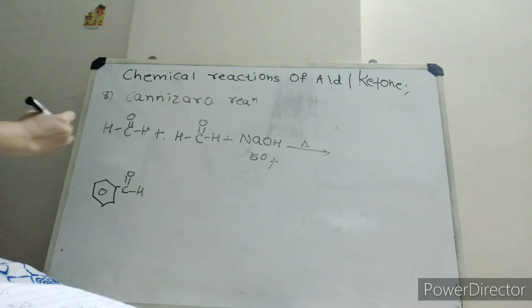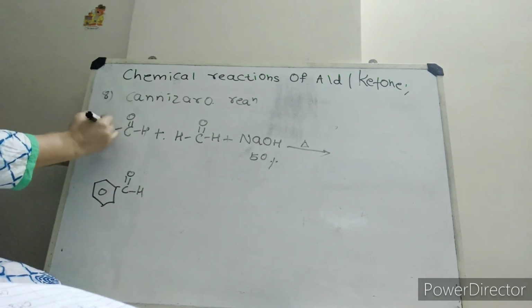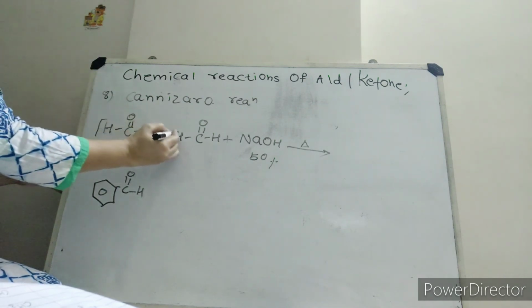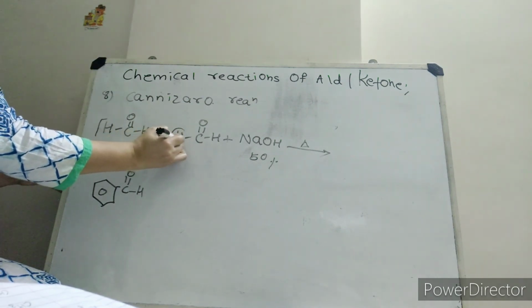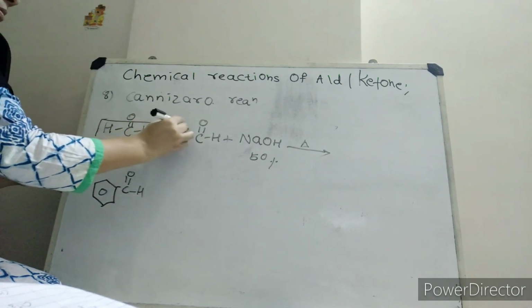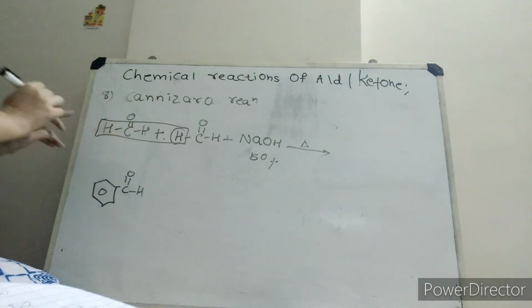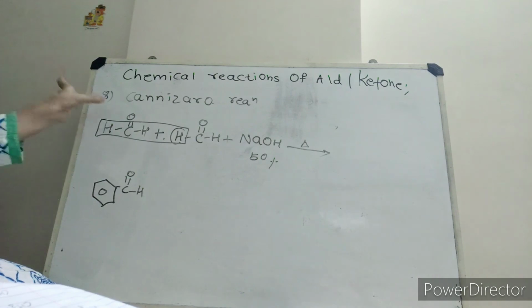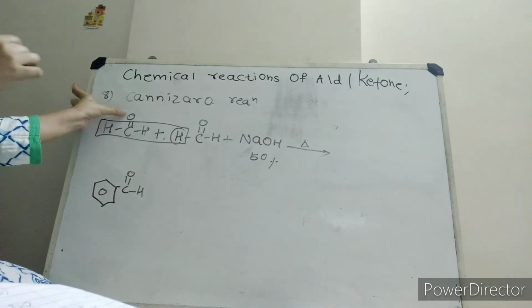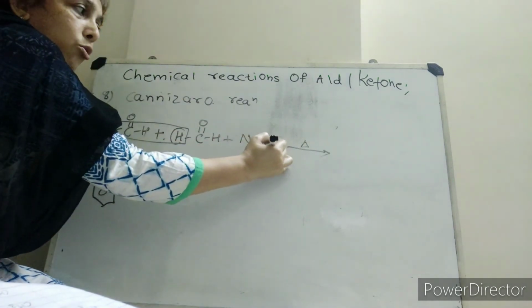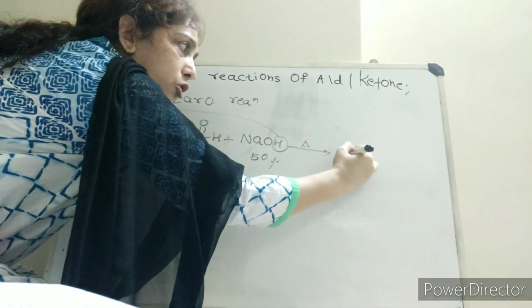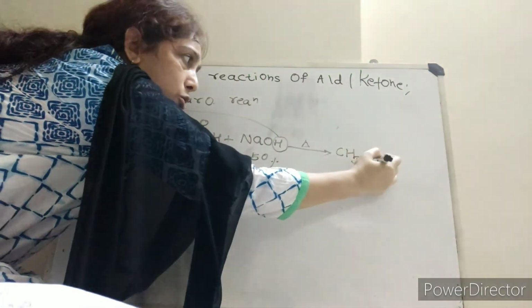That time, it is one kind of reduction. We take one hydrogen from here, so in total it becomes C with 1, 2, 3 hydrogens. This oxygen is already there, and with this oxygen this hydrogen is combined to form CH3OH.